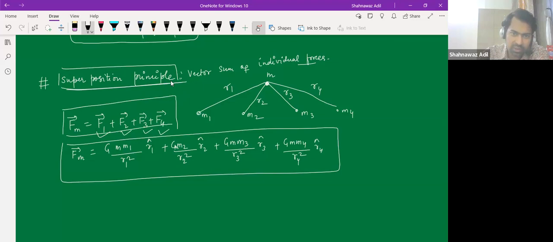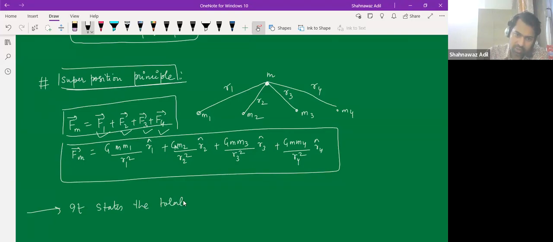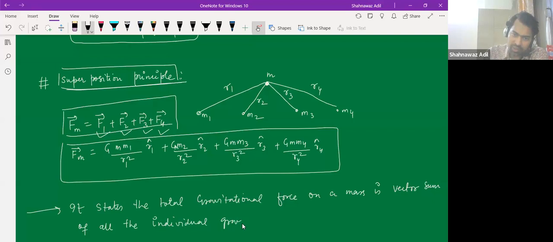Let me write the statement here. The superposition principle states that the total gravitational force on a mass is the sum, or to be precise, the vector sum of all the individual gravitational forces.